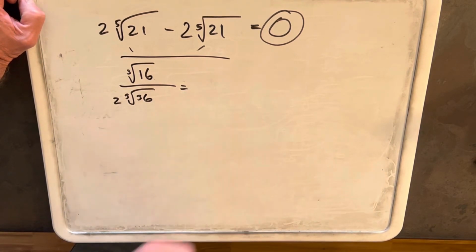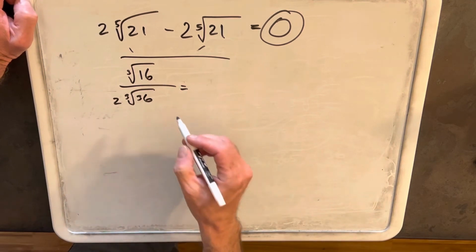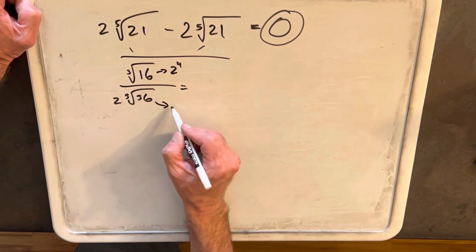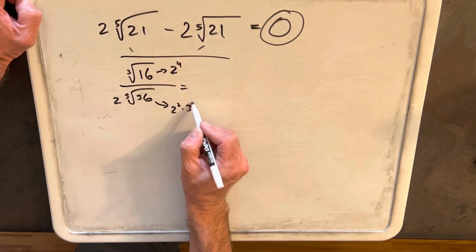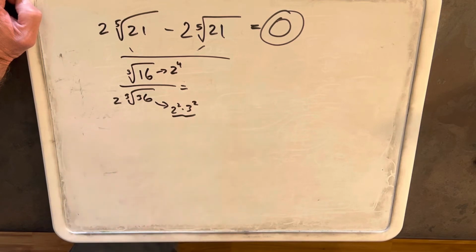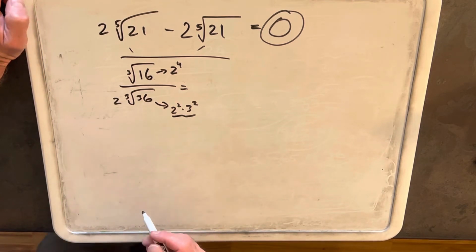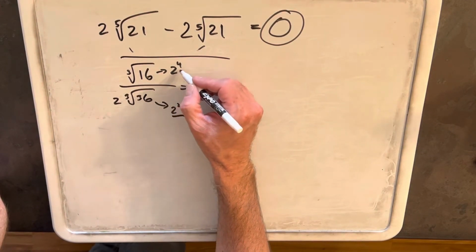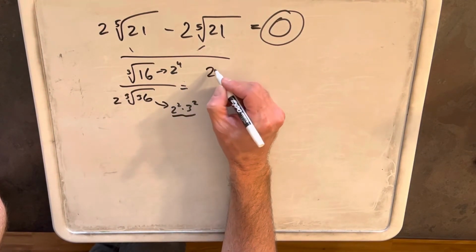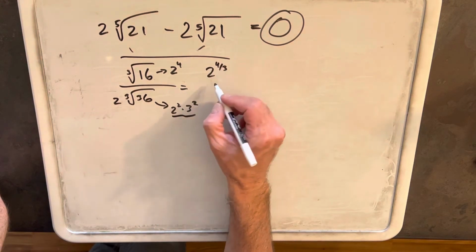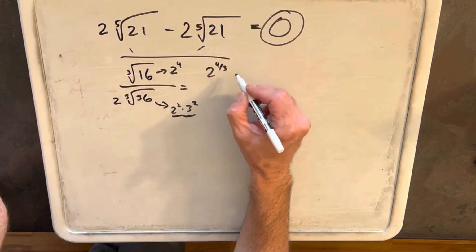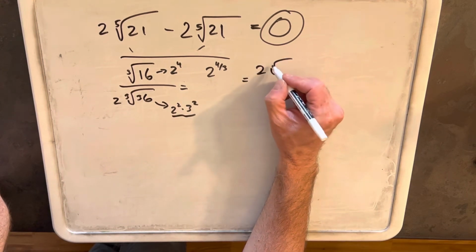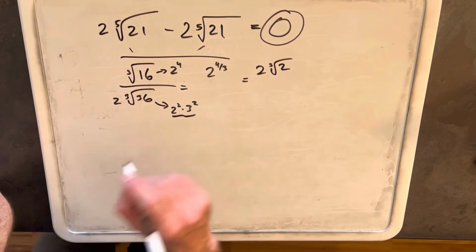Let's see. So we have, well, this right here is 2 to the 4th. This right here is 2 squared times 3 squared. So we have a real problem there, and that's not great because that's in our denominator. We could try to simplify the top. If we write this as 2 to the 4/3, then this becomes 2 times the cubed root of 2, just simplifying the numerator.